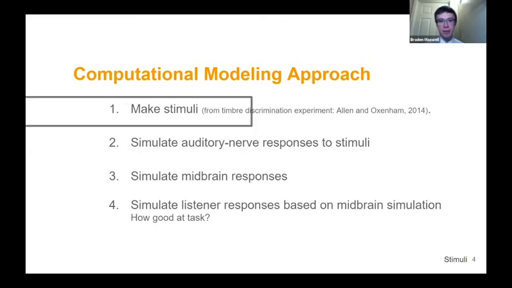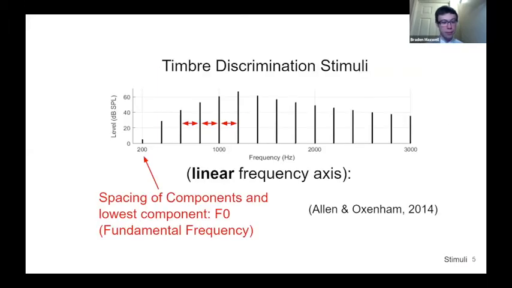So I'll start by talking about the stimuli. These were complex tones with a single peak in the spectral envelope. Here I've shown it on a linear frequency axis so that you can see the fundamental frequency is present as the difference between each pair of harmonics.